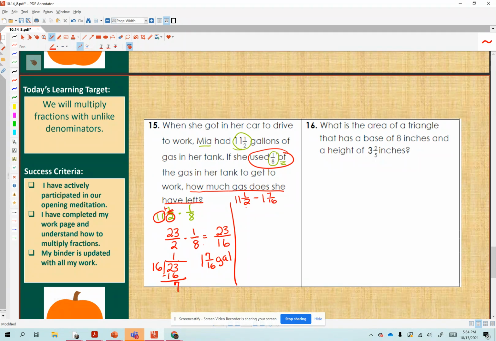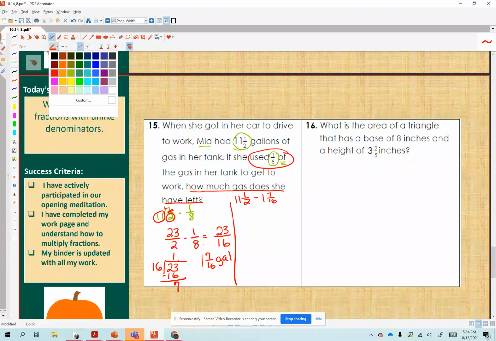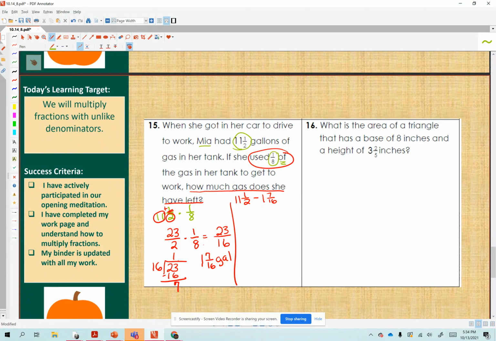We'll convert those to improper fractions. Let me change my color. 11 times 2 is 22, and 1 is 23. 23/2 minus 16 times 1 is 16, plus 7 is 23 over 16.